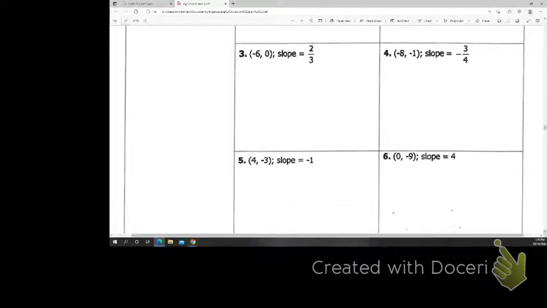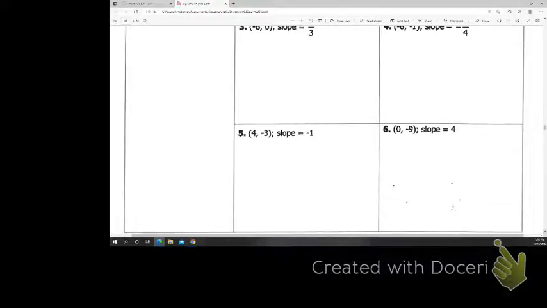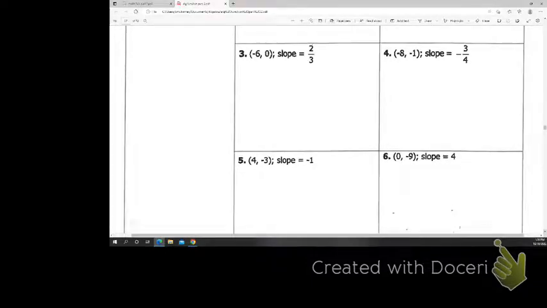Now, I will say if you notice that your point happens to have a 0 in the x, okay? Only in the x. So if the point is 0 and then some number, this number is the b. Because remember, the y-intercept has a 0 for x.